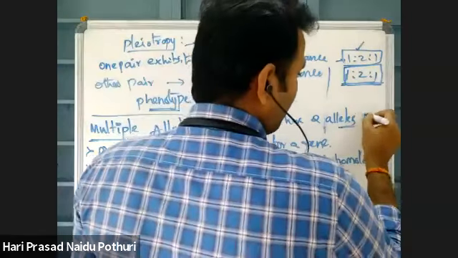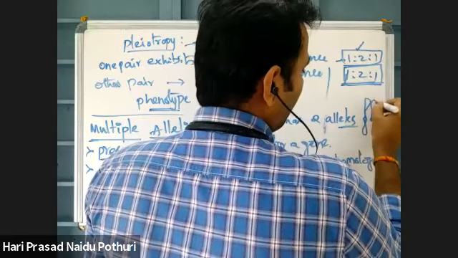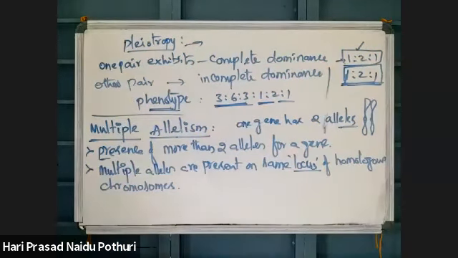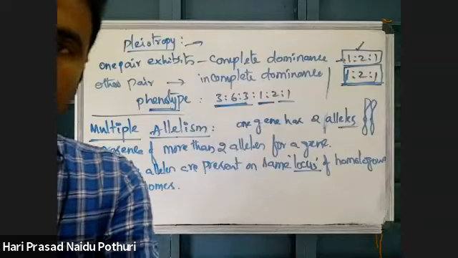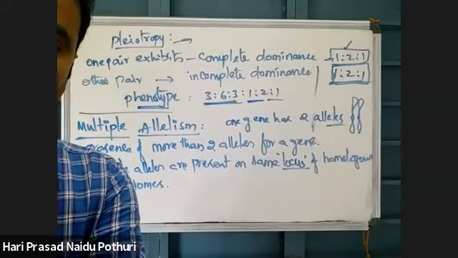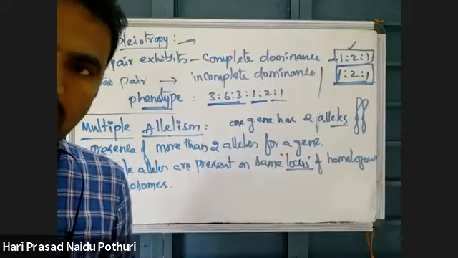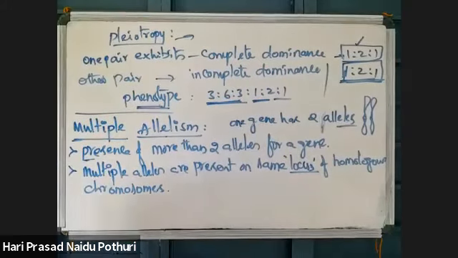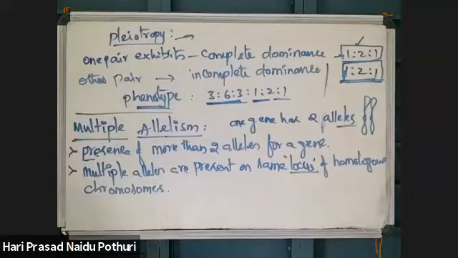Homologous chromosomes are a pair of chromosomes of equal length, same morphology and function.